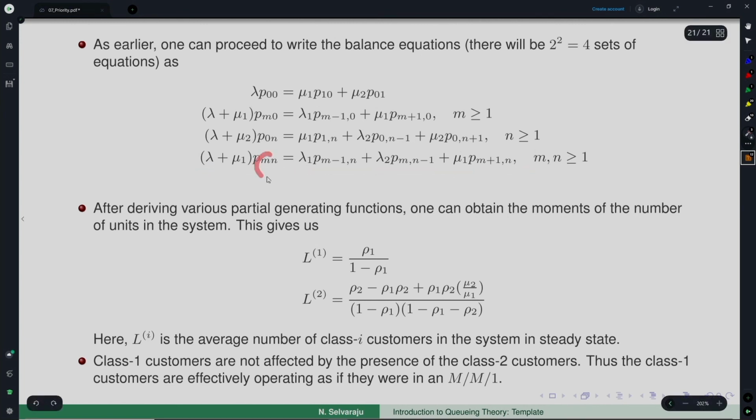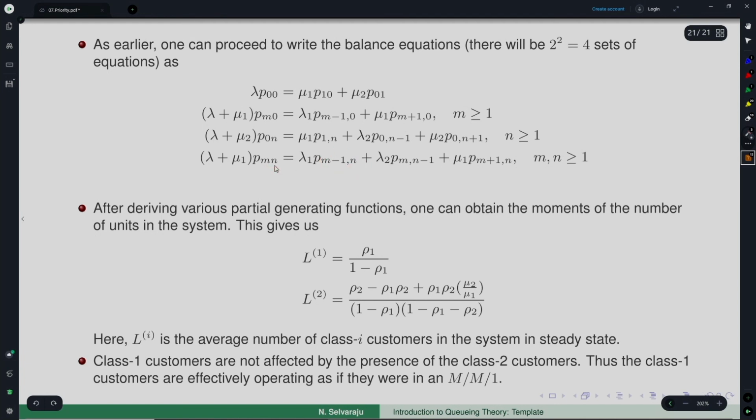Suppose the state is (m,n), some generic state well into the state space, not on the boundaries. Then what could have happened? There would have been 1 less priority 1 customer, and with rate lambda 1, the state would have moved from (m-1,n) to (m,n).